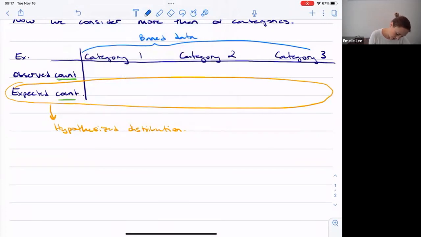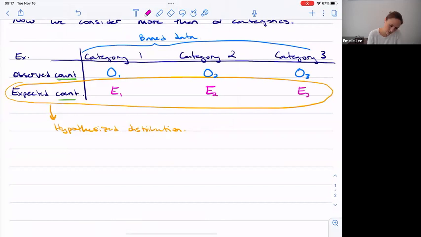So the observed counts, we're going to denote by O1, O2, and O3. Okay. The expected counts, we're going to denote by capital E, so E1, E2, and E3.